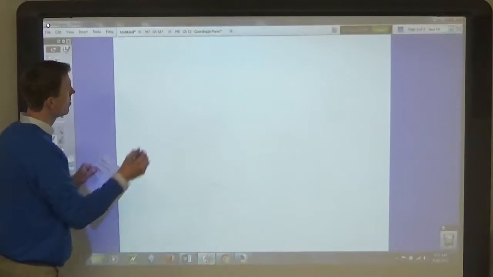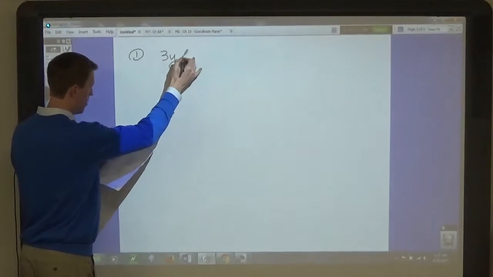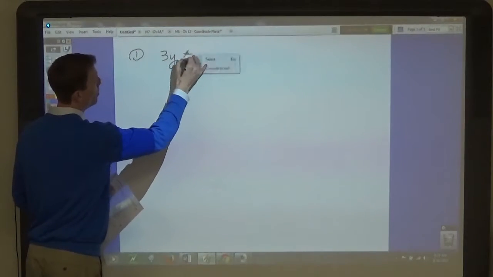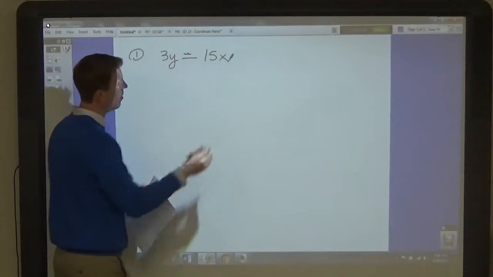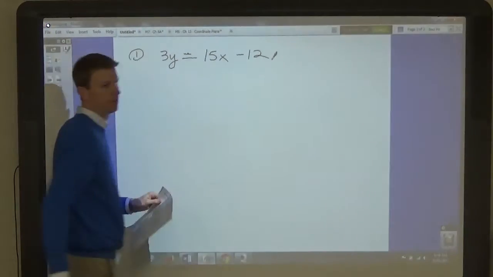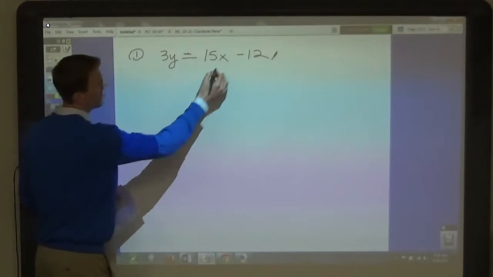The equation in number 1 is 3y is equal to 15x minus 12. Okay? First thing we should do is insert a plus sign.